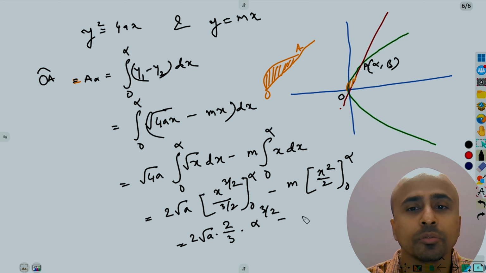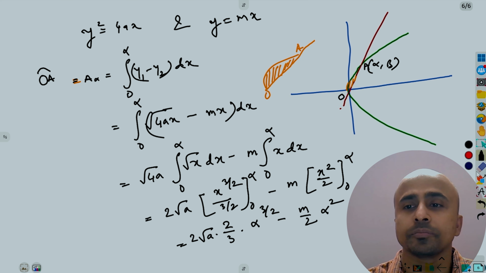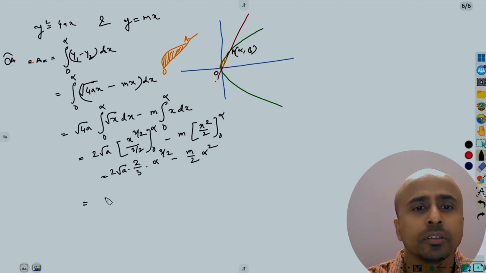That is alpha to the 3 by 2, and m by 2 alpha square, and this is basically 4 by 3 after simplification, minus m by 2 alpha square.